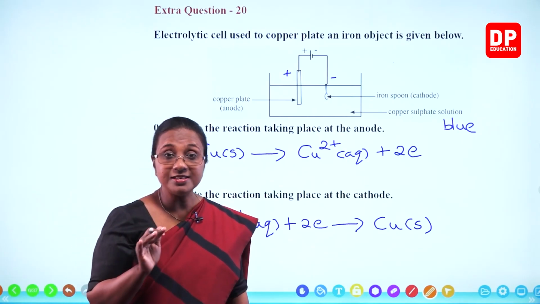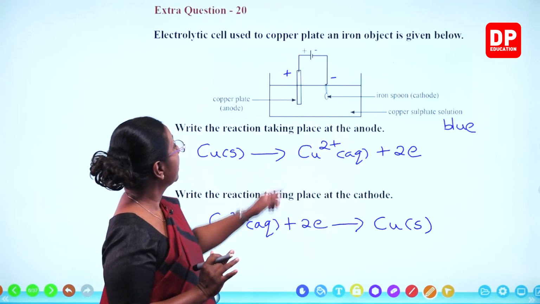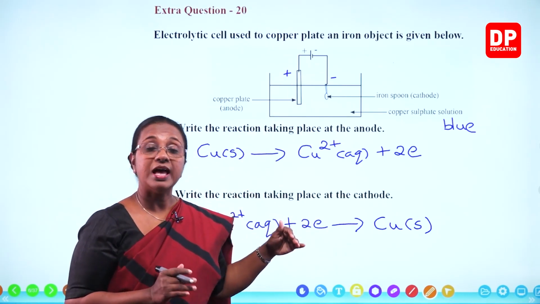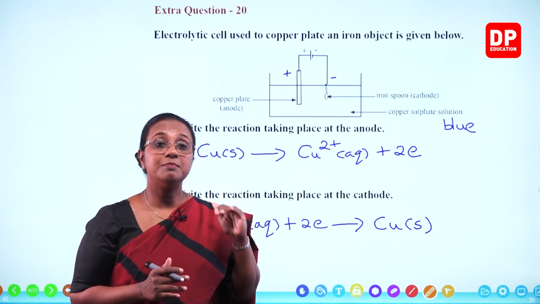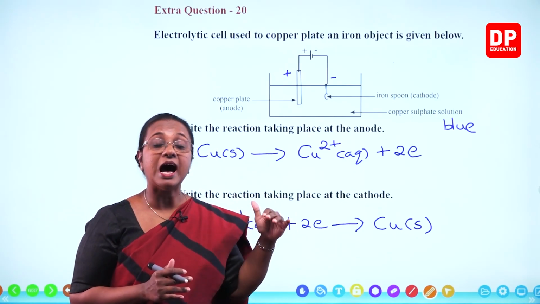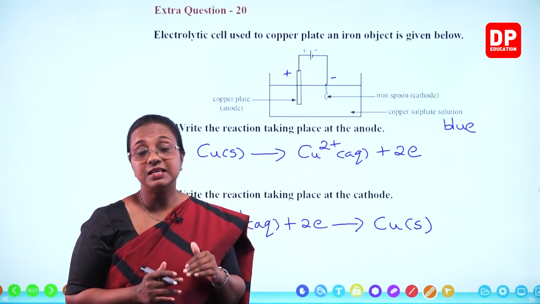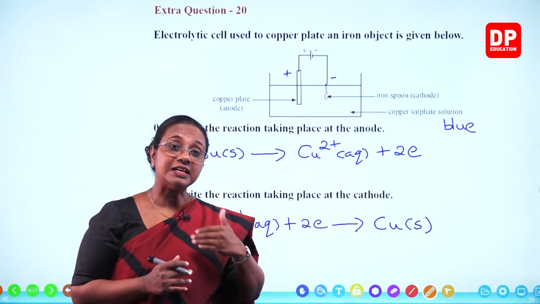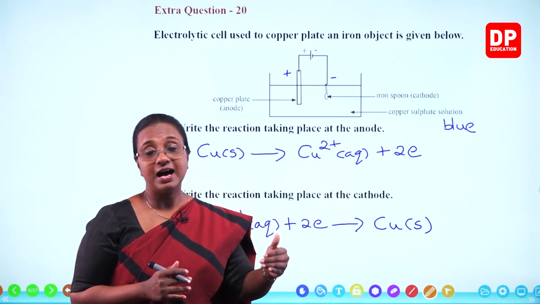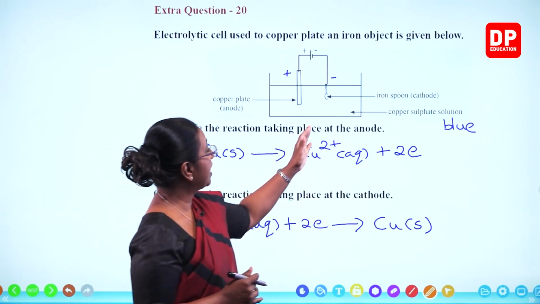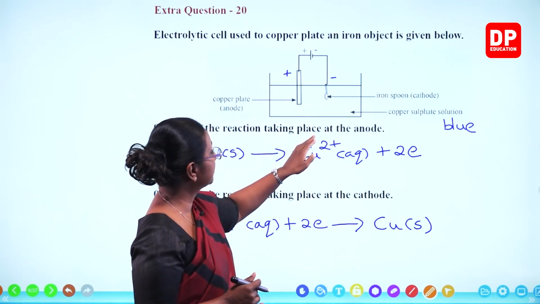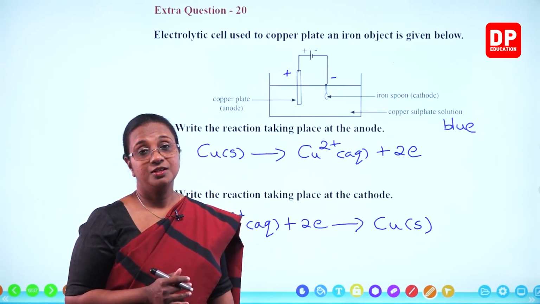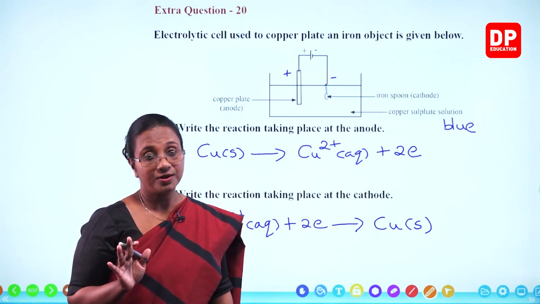That is the reason why we always have the metal as the anode, so that the ions of the metal to be deposited are continuously present in the solution, because the anode will dissolve and continuously provide that ion. Copper ions are used up, and at the same time copper ions are provided to the solution. That is very important.